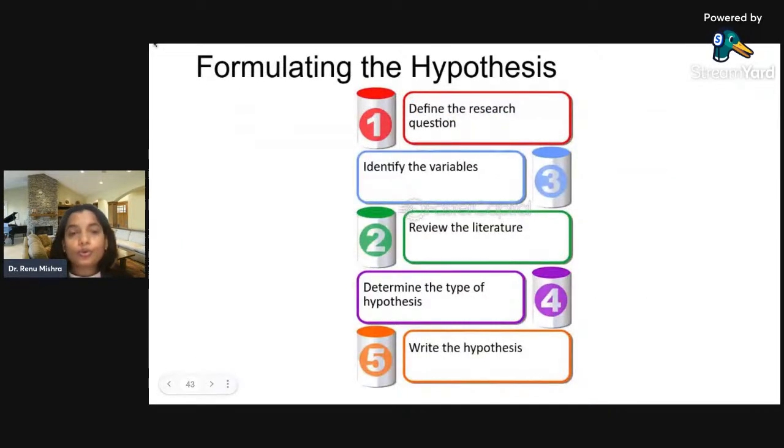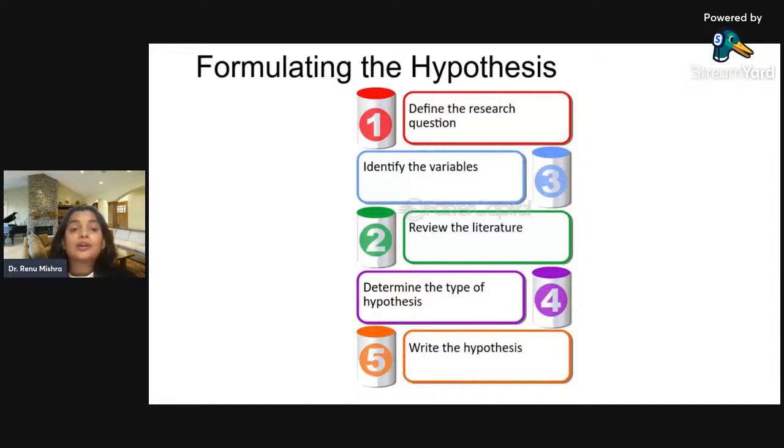Now, coming to how exactly you formulate these hypotheses. In inductive research, you go by your research investigations, your findings and interpretation, and then you come across the hypothesis.